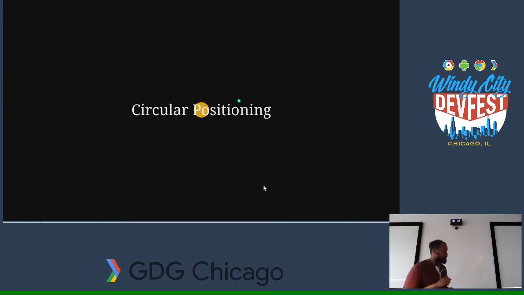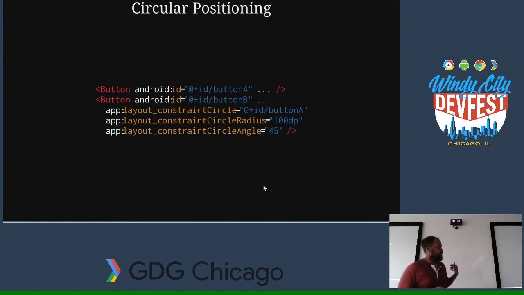Circular positioning is another one. So this is another one of the things that I think is weird and sort of designery for animations and things, but you can orient one object in relation to another using the radius and the angle, and this is how you would do that.